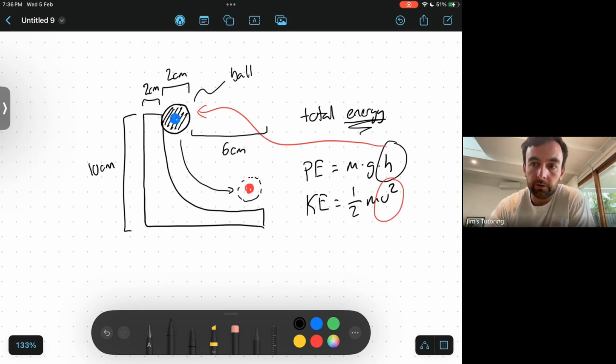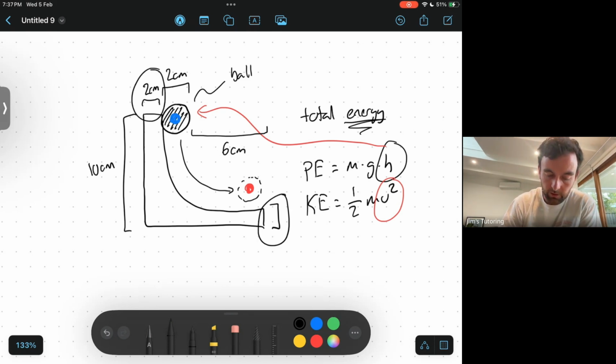Does anyone want to have a think, just first thing that pops into their head, about the height that it ends up at? And even though I've done a really bad drawing, this height down the bottom is the same as that height there. So this is 2 centimeters.